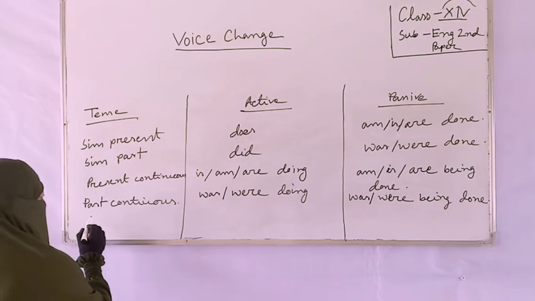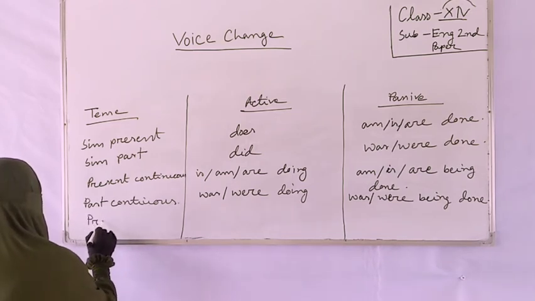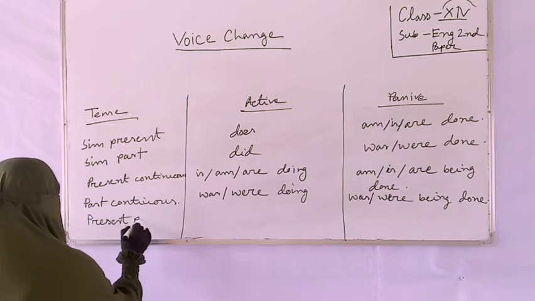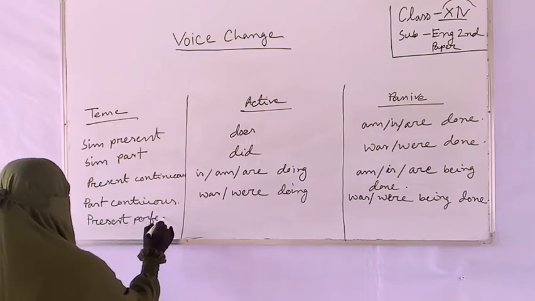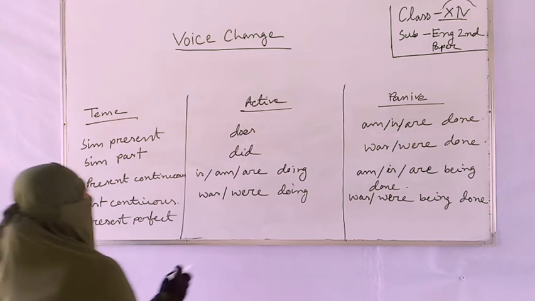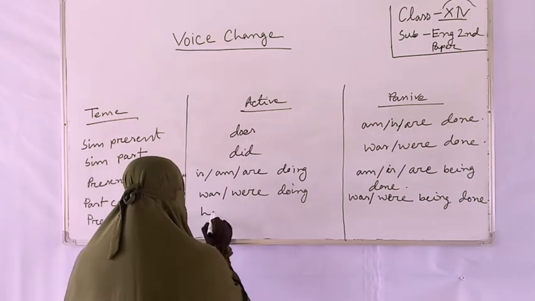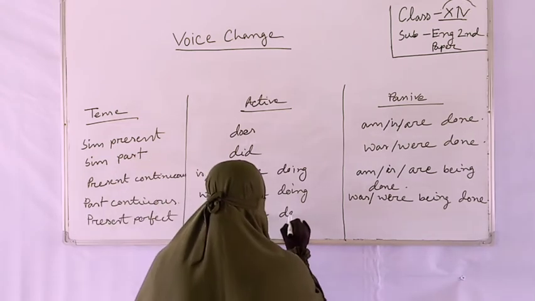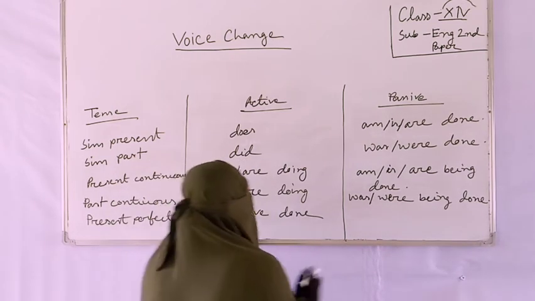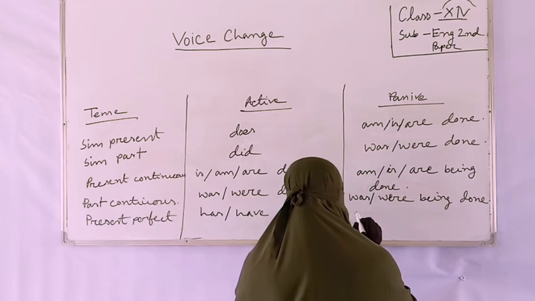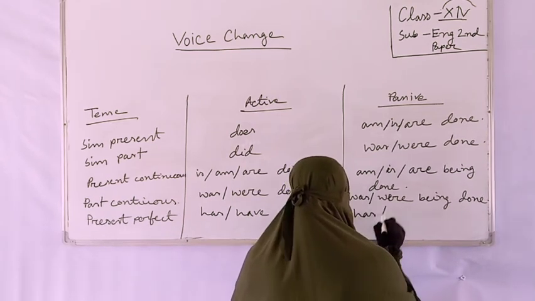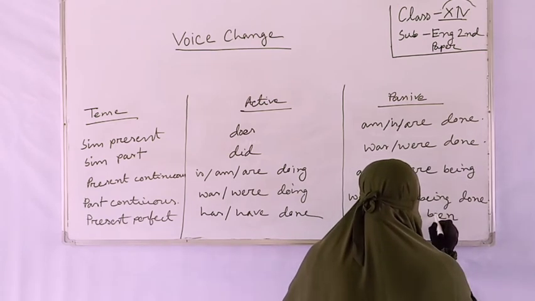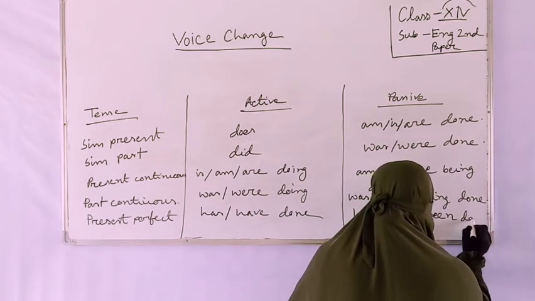Then present perfect. Active is has or have done, and passive will be has or have been done.